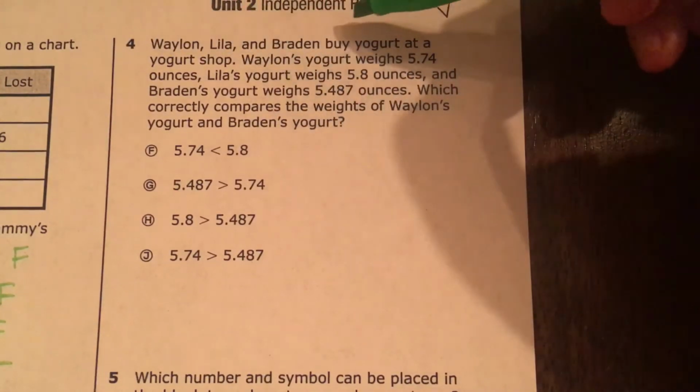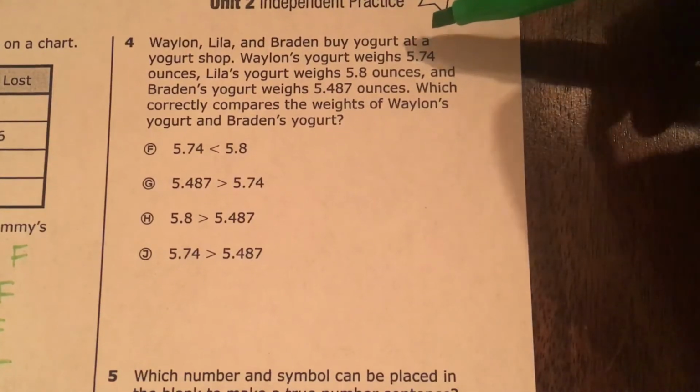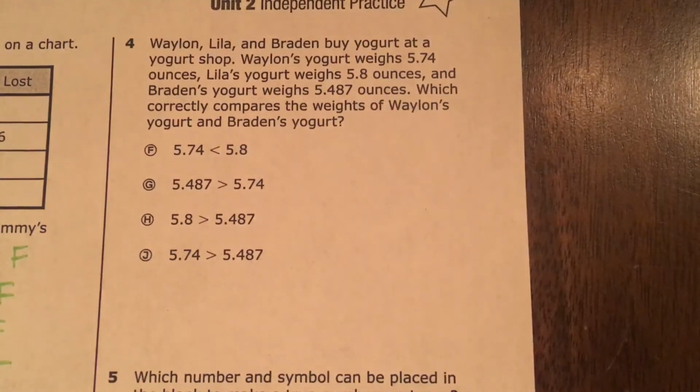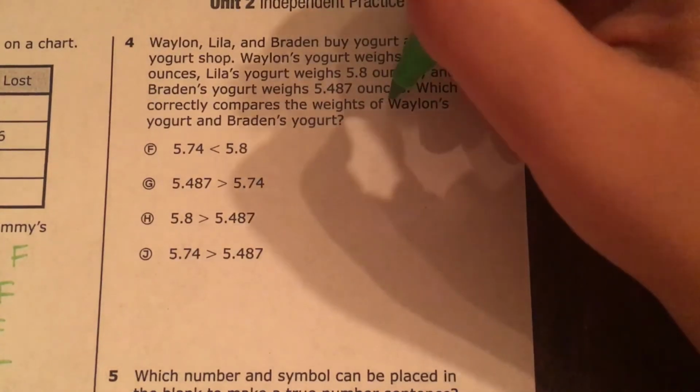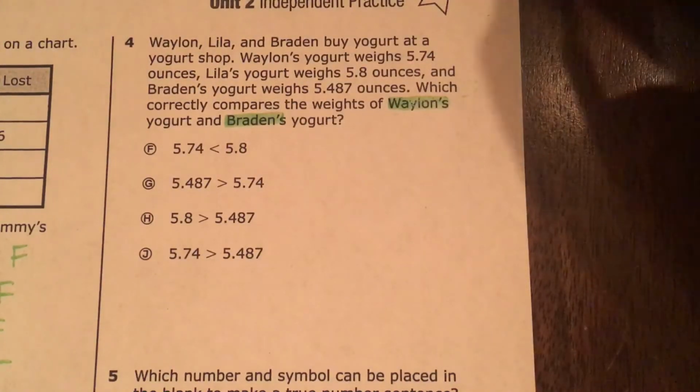Waylon, Lila, and Braden buy yogurt at the yogurt shop. Waylon's yogurt weighs 5.74 ounces, Lila's yogurt weighs 5.8 ounces, and Braden's yogurt weighs 5.487 ounces. Which correctly compares the weight of Waylon and Braden? Okay, so we don't need Lila.